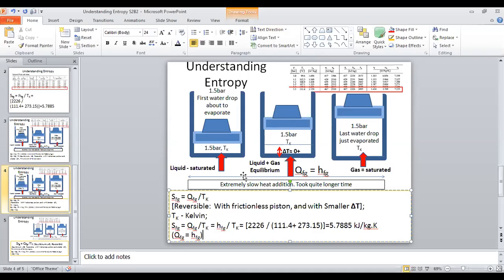So QFG is from the initial fully liquid, we call it F, to fully gas, G, saturated gas. To turn this liquid into gas at 1.5 bar pressure, the heat required is QFG. QFG is the heat requirement.